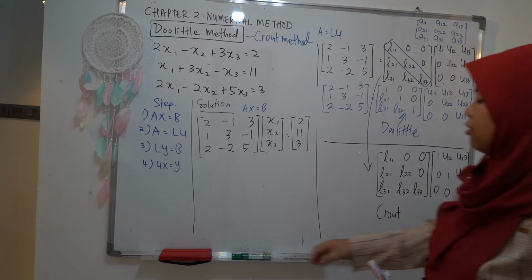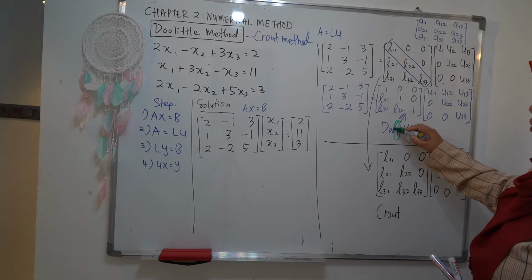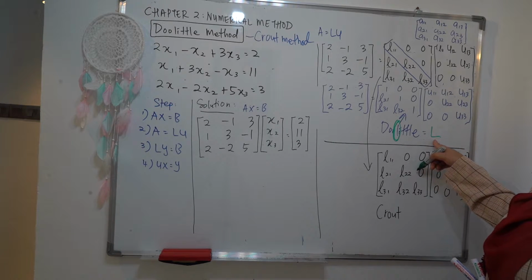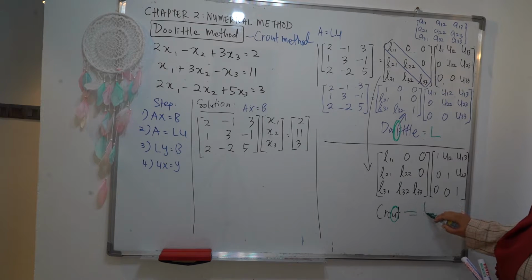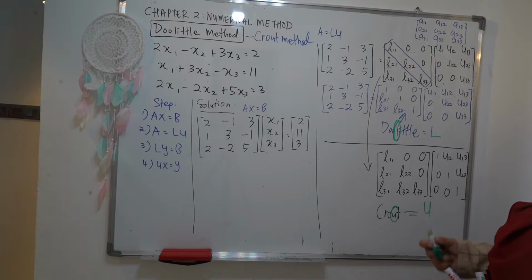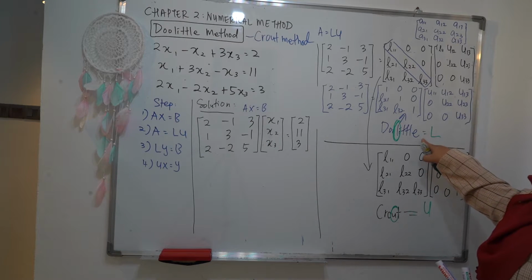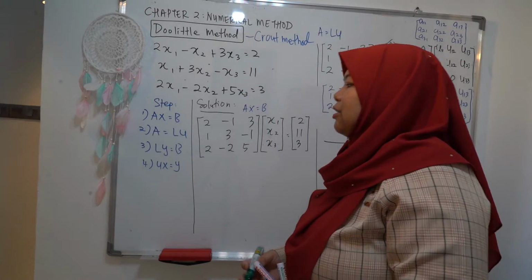Maybe I can highlight here: for Doolittle, matrix L you change. For Crout, matrix U, you change the diagonal. So this is the difference between the Doolittle and the Crout method, but the steps are all the same.